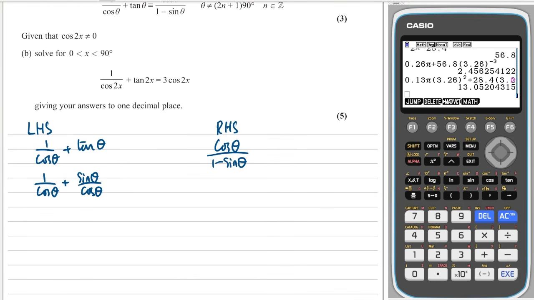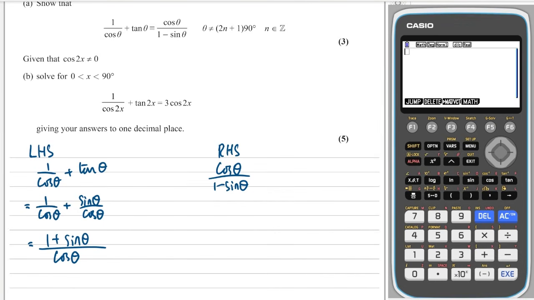And then these have the same denominator, so I can bring these together to get 1 plus sine over cos. And from here, I'm going to swap over to this side, and I am going to, almost like when we rationalise denominators, when we have surds, I'm going to multiply it by 1 plus sine theta over 1 plus sine theta.